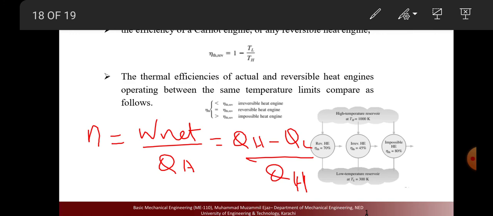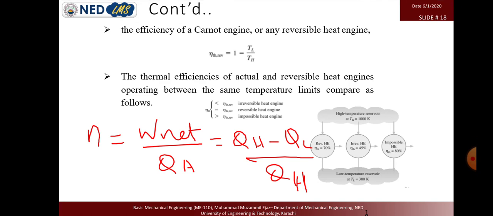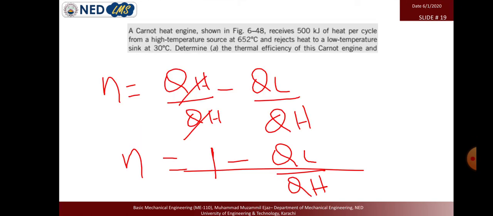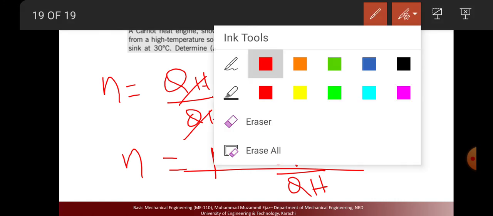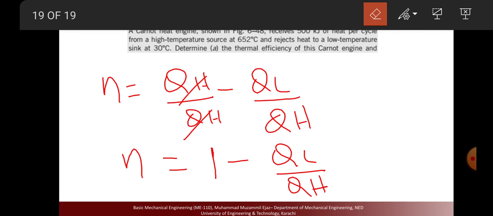When we open it, this divided by this divided by this, the QH will be cancelled, and the formula becomes 1 minus QL upon QH.